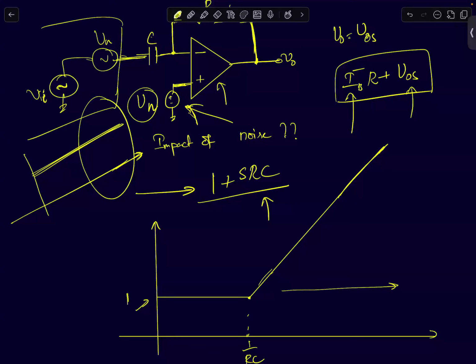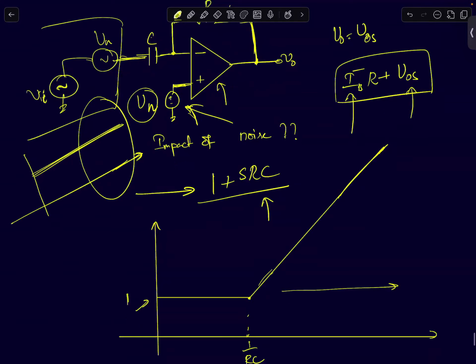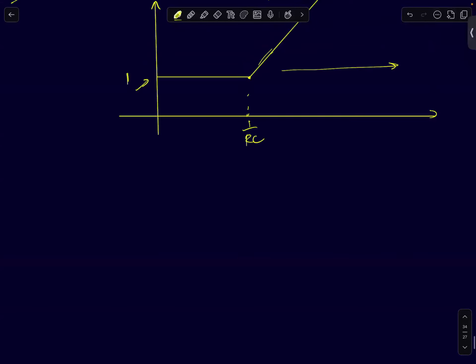Maybe the input source itself is noisy, maybe it's coming from another op-amp whose noise gets differentiated. Therefore, it will blow up. So ideal open loop differentiators are not used often because of this problem, that the noise can be amplified.